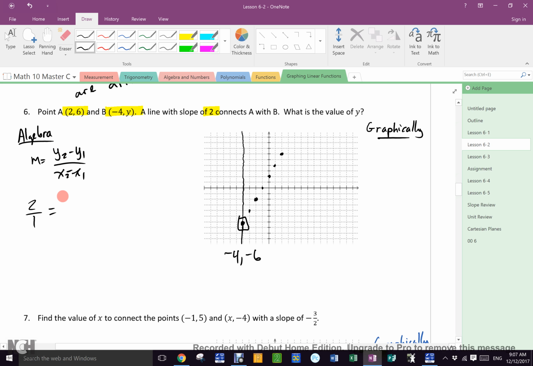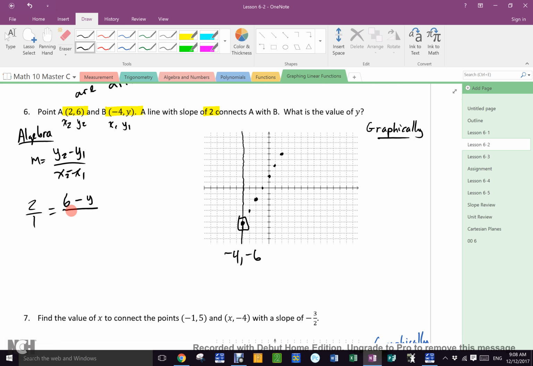What should I put for y2? You want to make it 6? Okay, so if that makes this y2, what does that make this guy? x2. And what does that make this guy? x1. And what does that make this guy? y1. So y2, Jazreet says, is 6. Minus, what's y1? Y. Over, what's x2? 2.